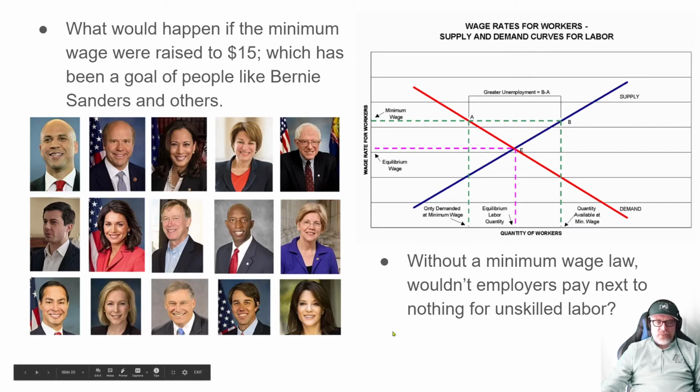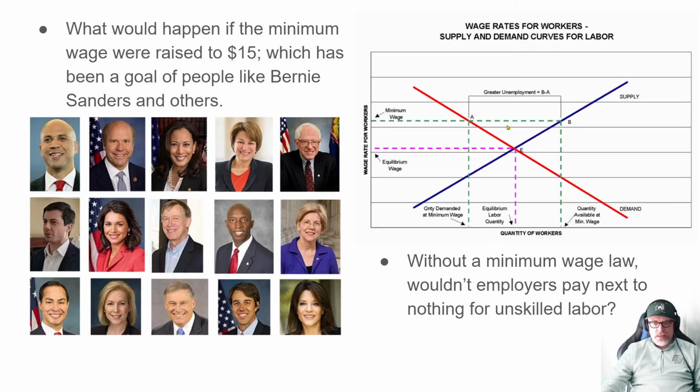The thing to understand is we have our demand, we have our supply, and then right here at point E, this is the equilibrium wage rate as it naturally would occur. Okay, so if point A or A and B represent what the minimum wage rate is, this means that we have a surplus.